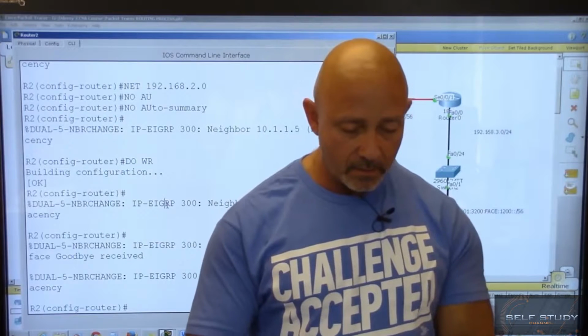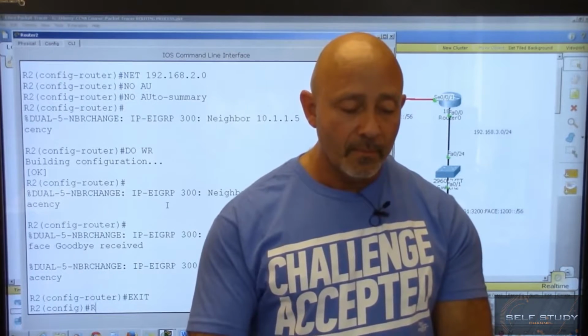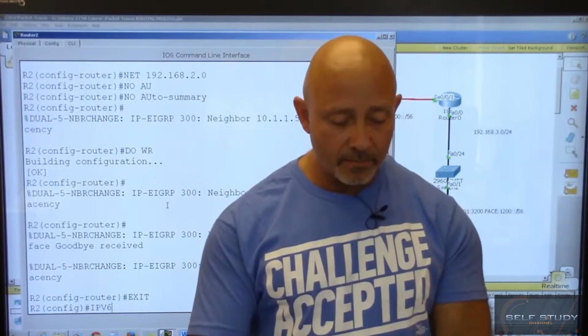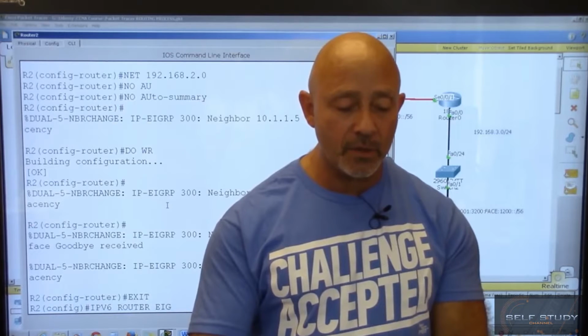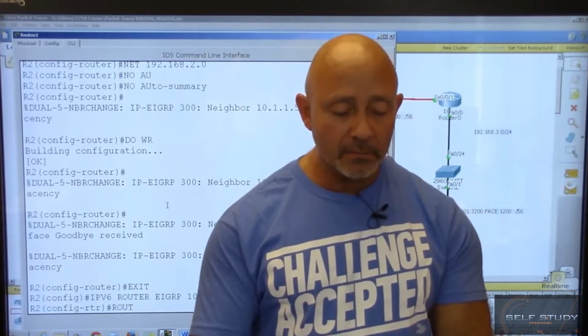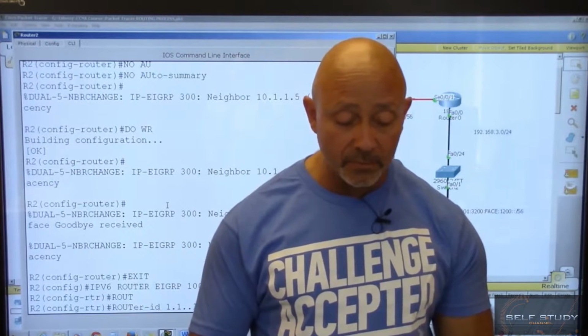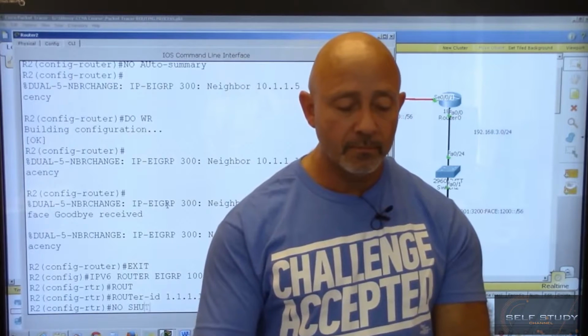All right, let's exit one time. Router, oh, I'm sorry. IPv6 router EIGRP 100, router ID. I'm just putting everything the same just for quickness sake. And then no shut.